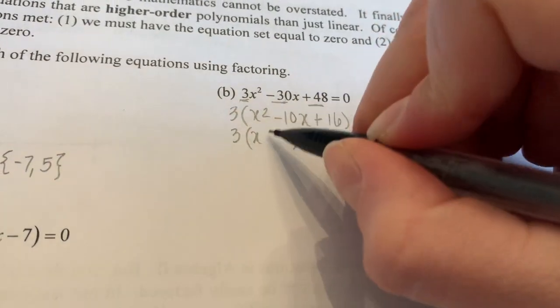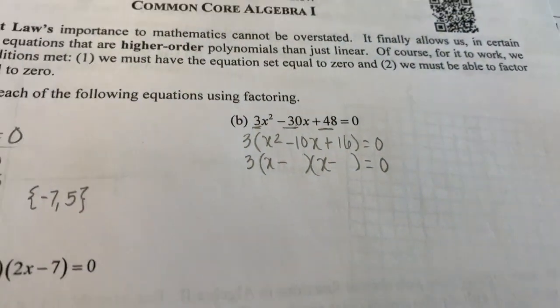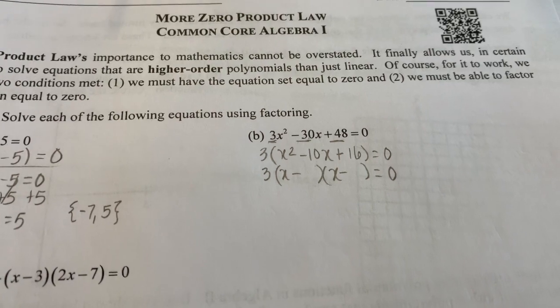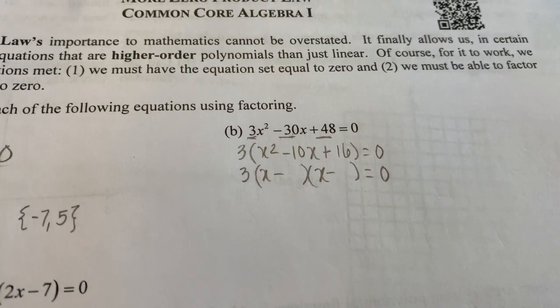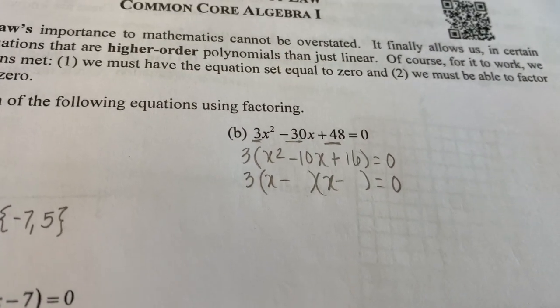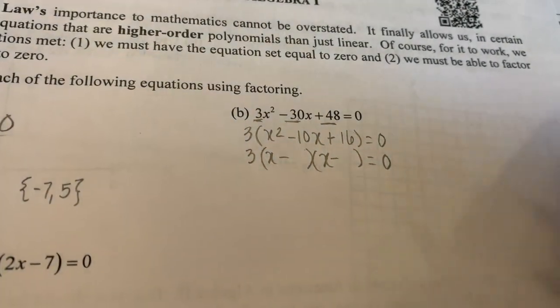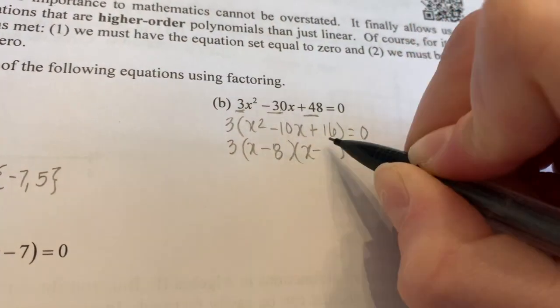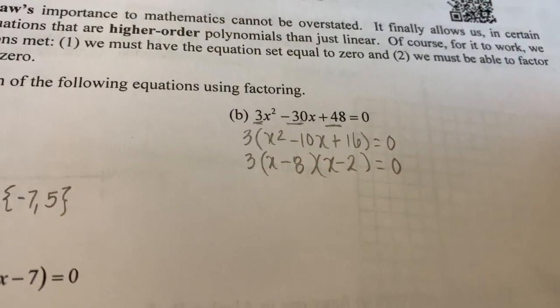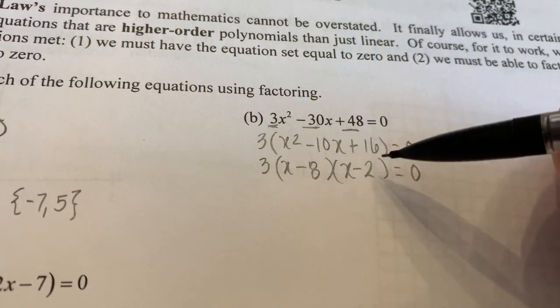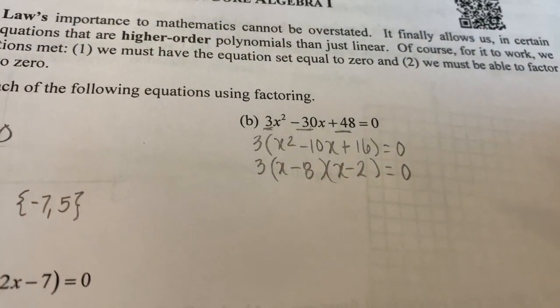So it's negative, so they're both going to be negative, right? To get a positive answer when you're multiplying negatives, they both have to be negative. So this is going to be 8 and 2. Negative 8 times negative 2 gives me positive 16, and negative 8 plus negative 2 gives me negative 10.